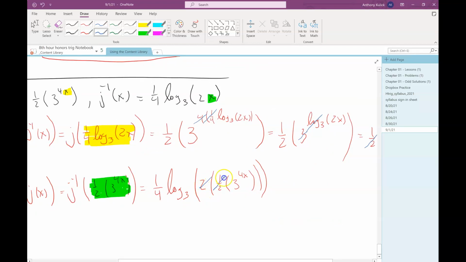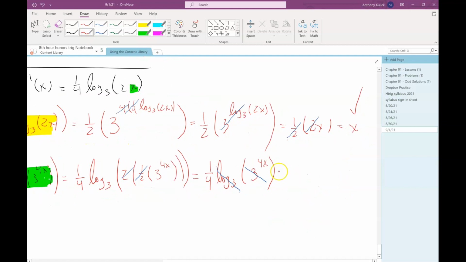I see 2 times 1/2, so those are going to cancel out. I have log base 3 of an exponent base 3. Those are going to cancel out. I'm left with then 1/4 of 4x. 1/4 and times 4 cancel out. And I'm left with just x. Yay!